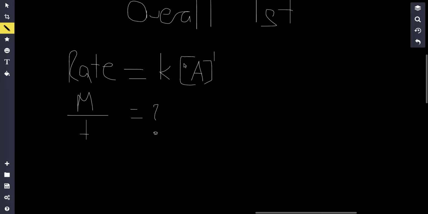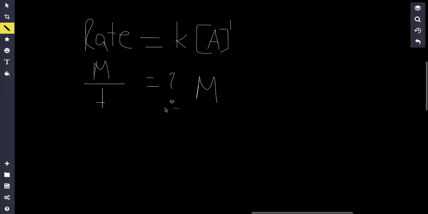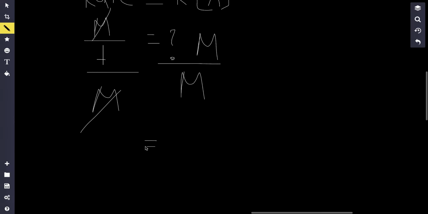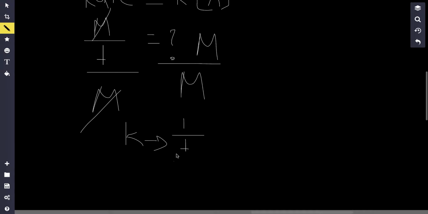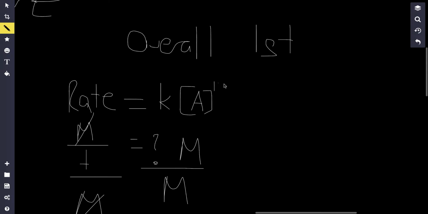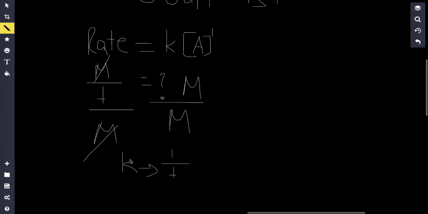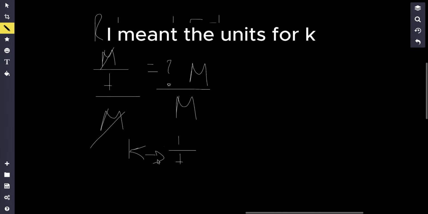And we know that concentration is measured in molarity. So if I want to find out this mysterious unit, I just divide both sides by molarity. The molarities cancel out, and I get that the unit for K is just going to be 1 over time. So for an overall first order reaction, the K value is going to be 1 over time.